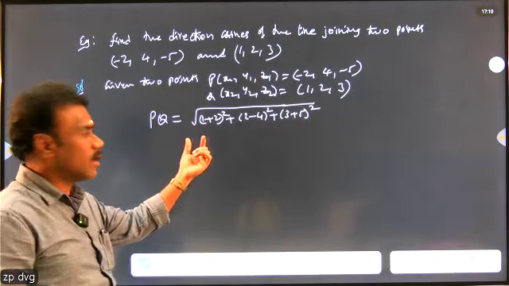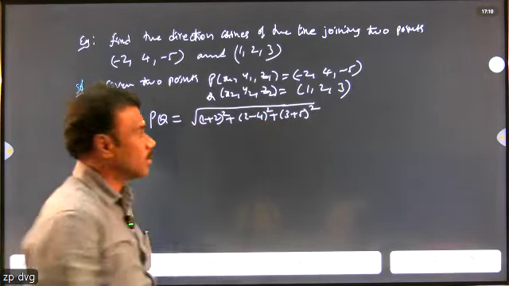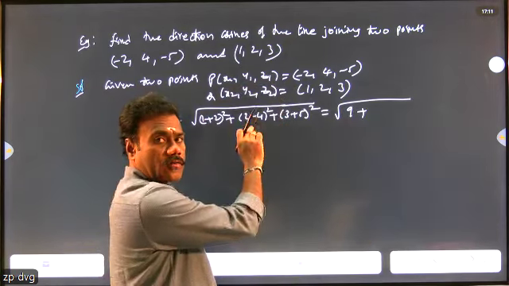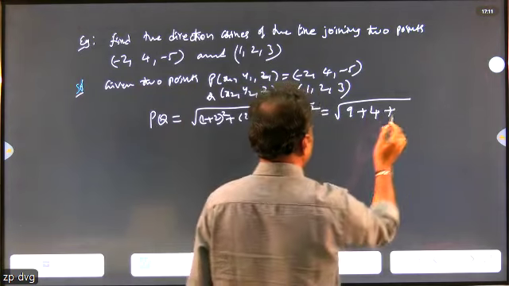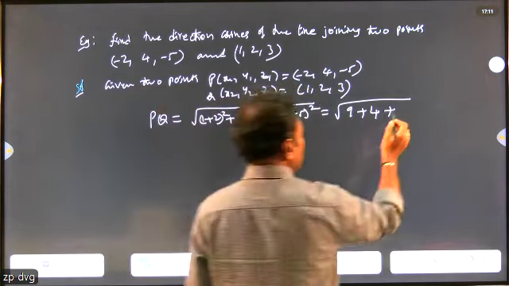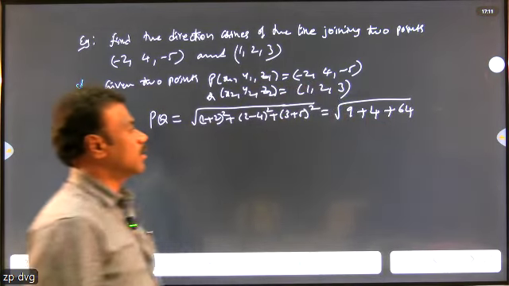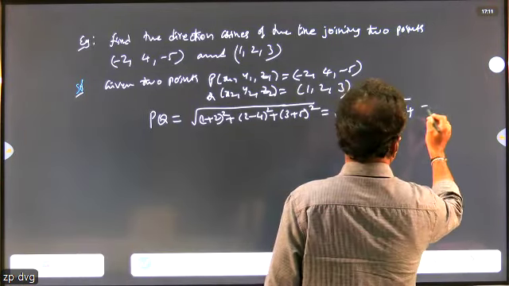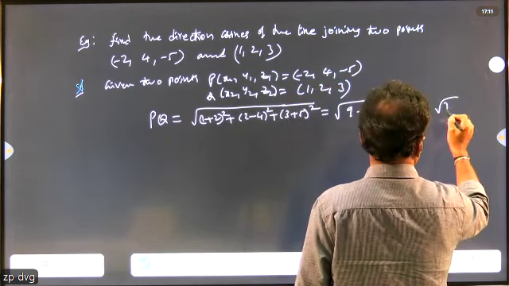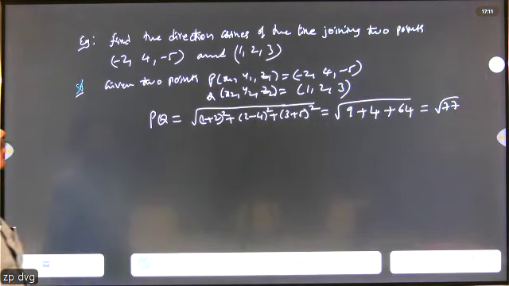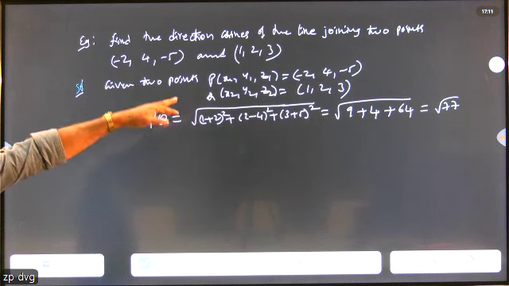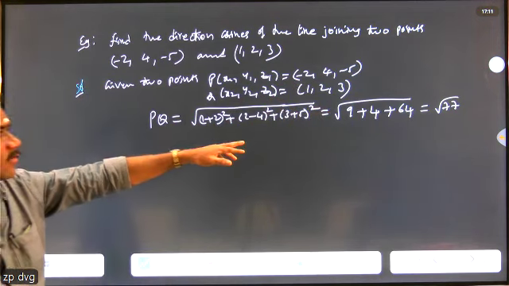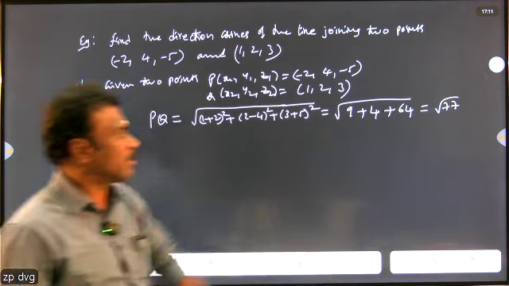So you'll get 3 square, which is 9, minus 2 whole square, which is 4, and 8 square, which is 64. 9 plus 4 is 13, plus 64, so you'll get root 77.